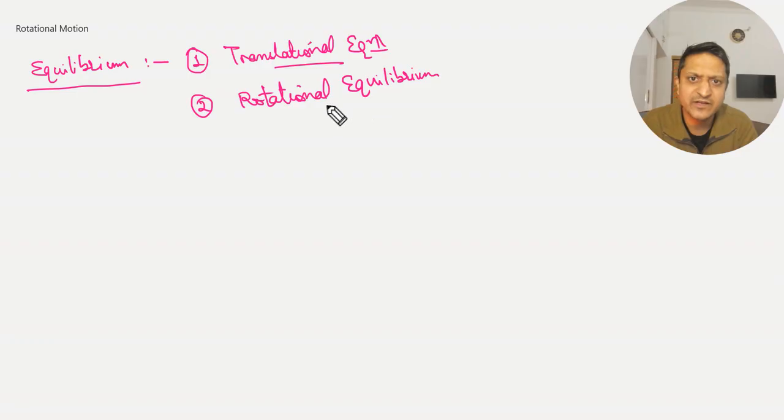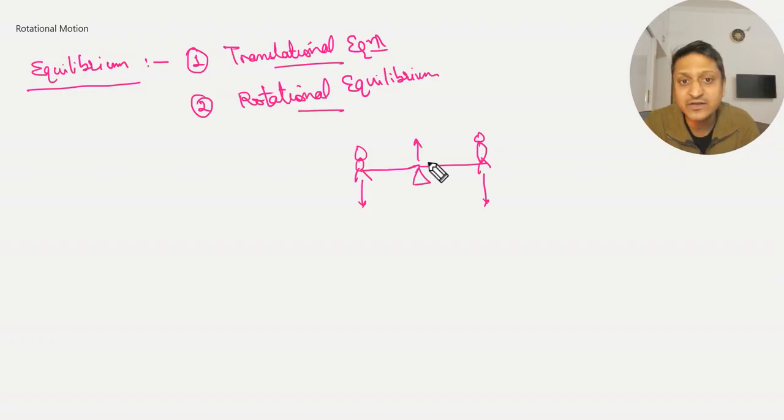Translational equilibrium means the center of the mass of the body is not changing. Like suppose one person is sitting here and another person is sitting there. The two forces are downward, and this would be putting some force in the upward direction, whereas the center of the mass is here. So the center of the mass is not changing.